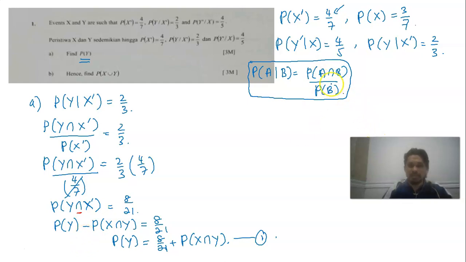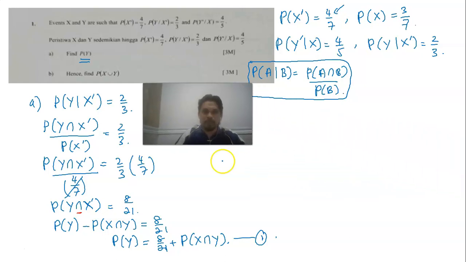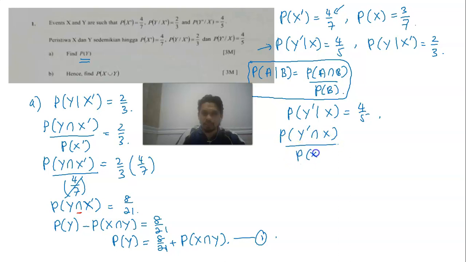So the next, we're going to use this one here. Probability of Y complement given X equals 4 over 5, and this we define as probability of Y complement intersect X divided by probability of X equals 4 over 5.